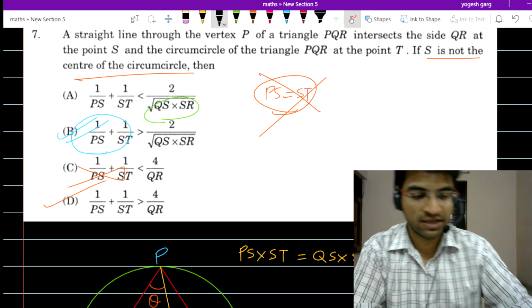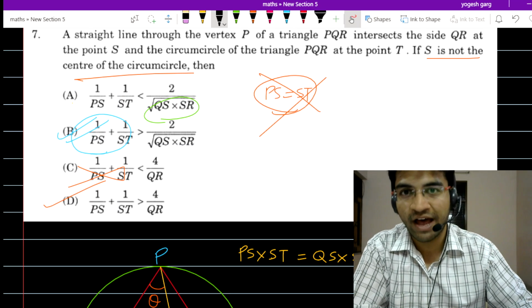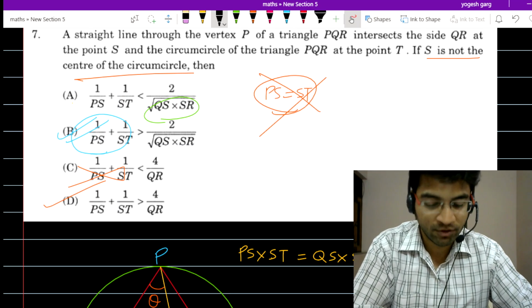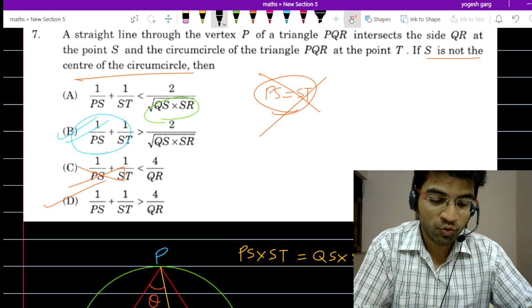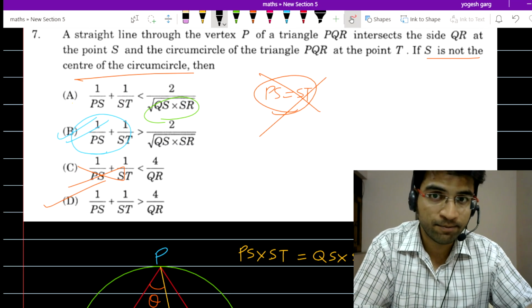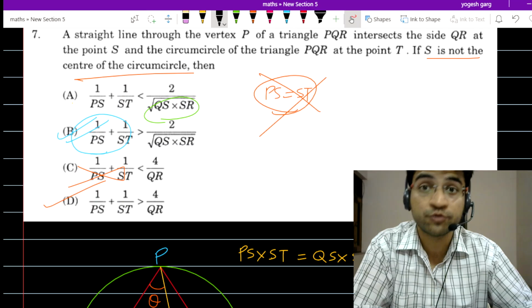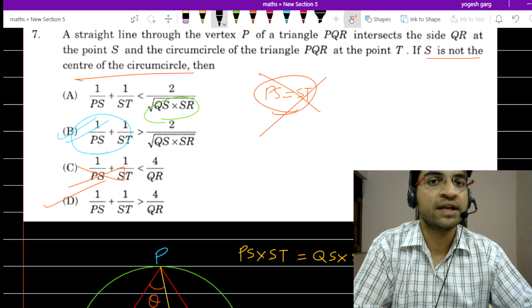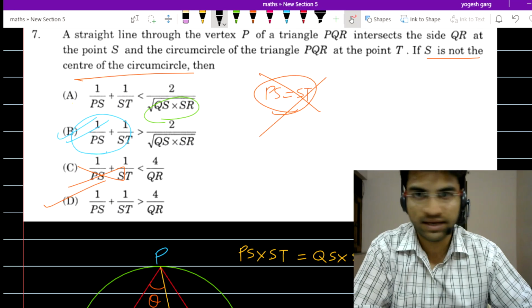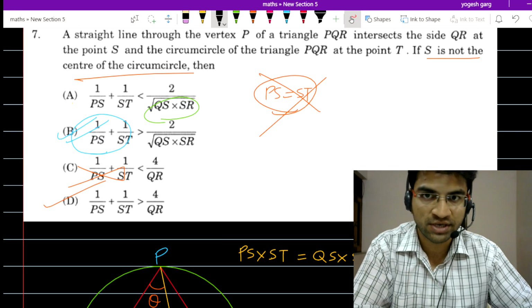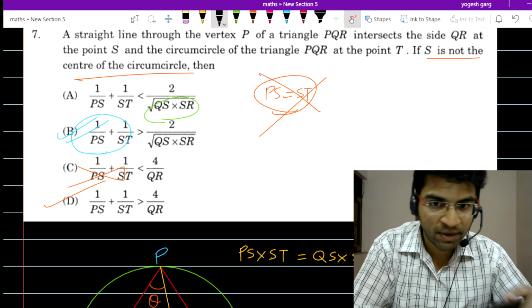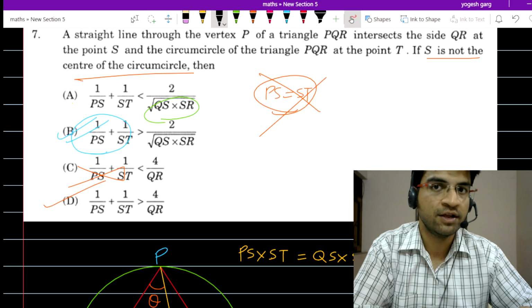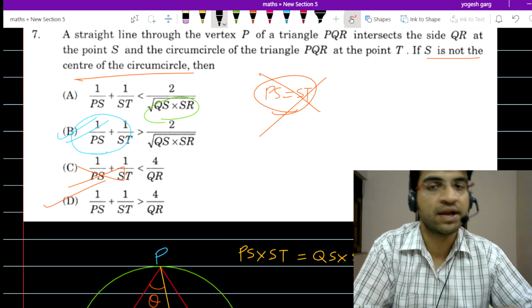Also, there will be some students of class 10th who are watching this video, because I will be keeping the title as such. So how can this question be useful to them as well? See, for the AM-GM inequality, you can say that you have not studied it yet, but this particular rule, PS into ST is equal to QS into SR, is important for you as well, for different examinations, NTSE, Olympiads, right?